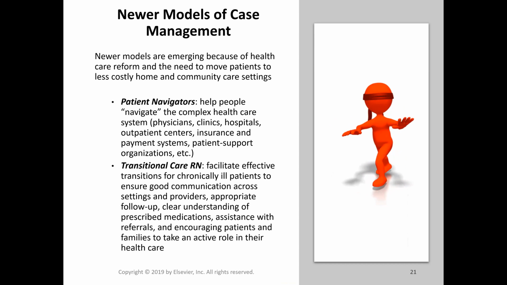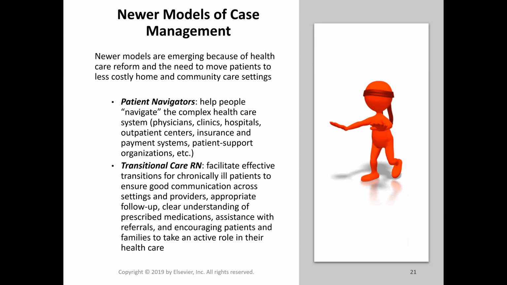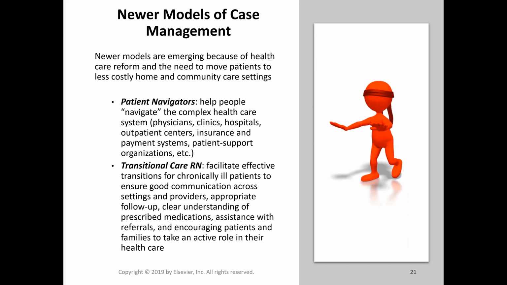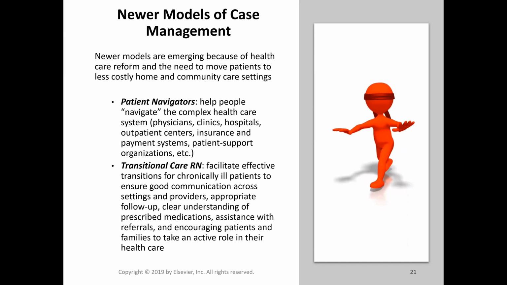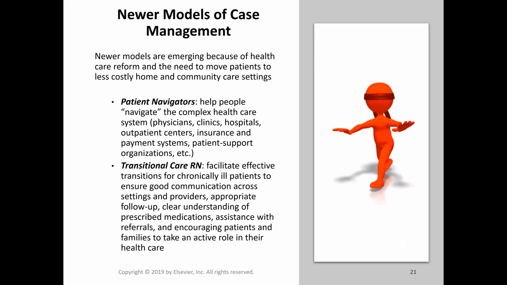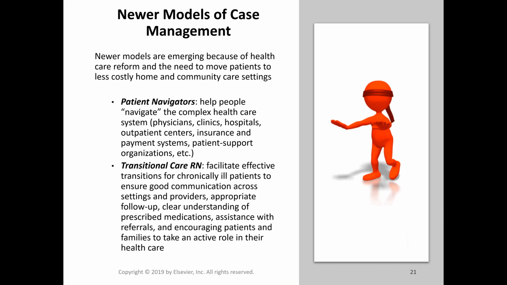And then you have the transitional care nurses. The transitional care nurses actually help patients that are chronically ill. They advocate for them to get things that these patients may not be able to get for themselves. So they make sure these patients have good follow-up, that they take their medication and are not over-medicating, that their medications are reconciled, and that they get the referrals that they need.